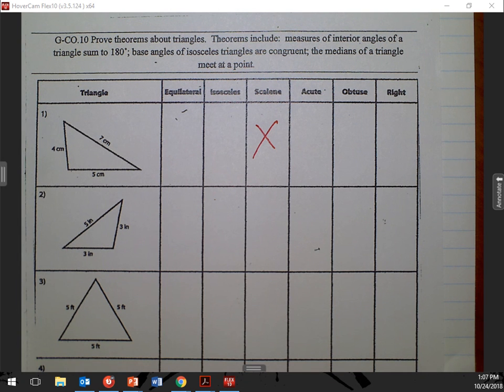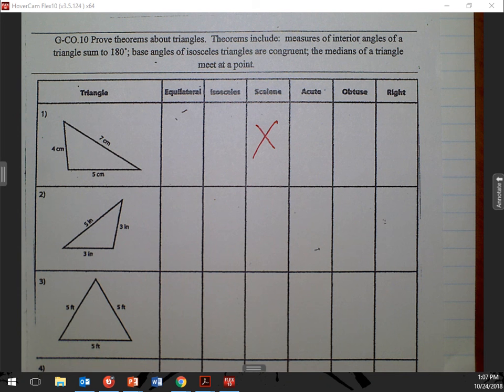Okay, now classify it by its angle. This is going to be important here. So, are any of the angles the same? No. None of the angles are the same because none of the sides are the same. So is there any of them here that looks like they're 90 degrees or more? It looks like it's more, right?